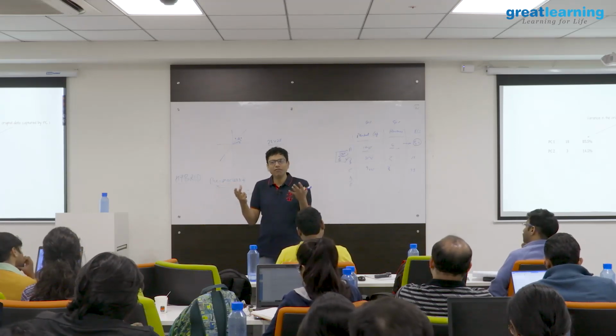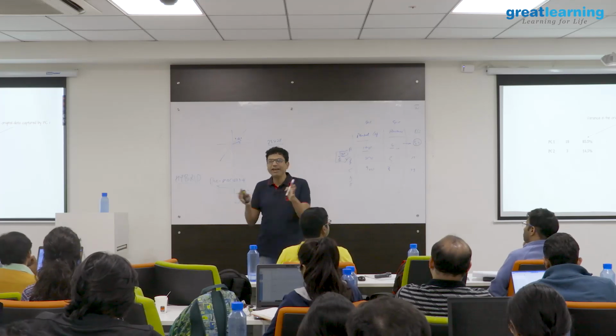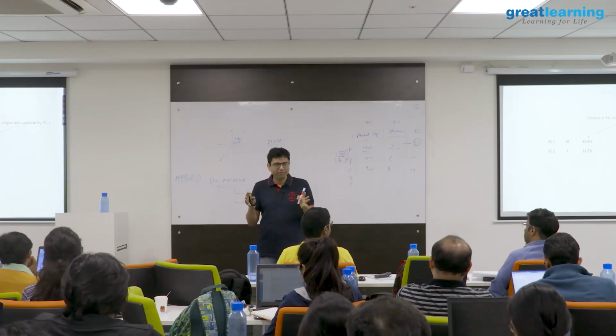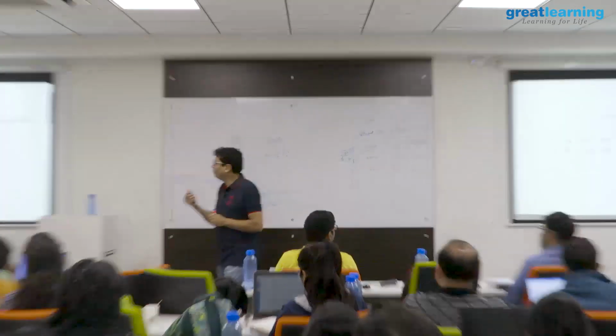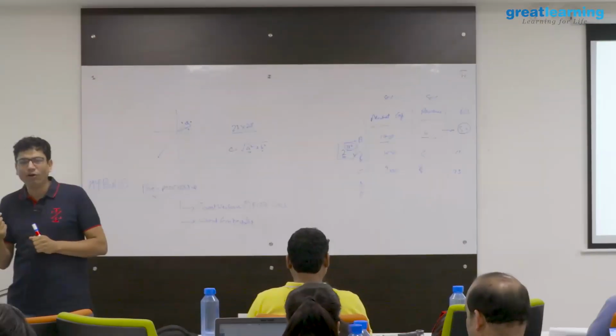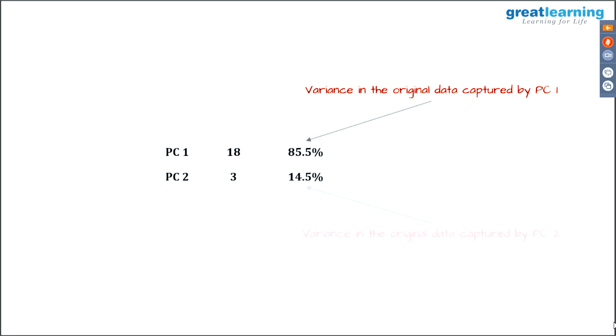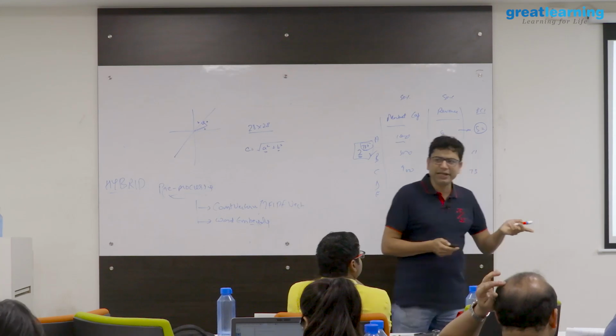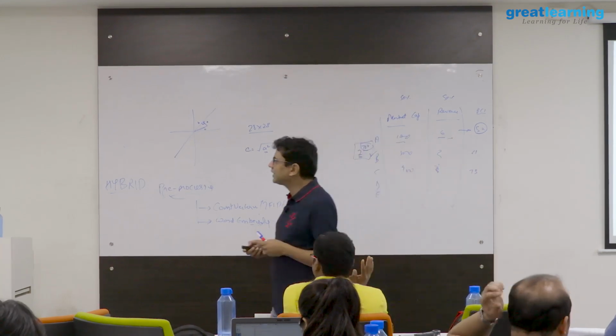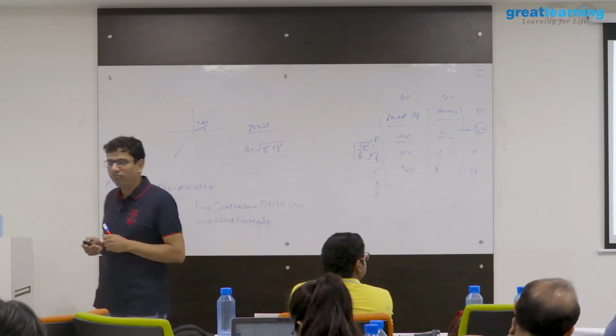Variance is a representation of information in the data. How varied is my data? That information is captured by the eigenvalue or the SSD. Of course the 14.5% in this case is the variance captured by PC2.